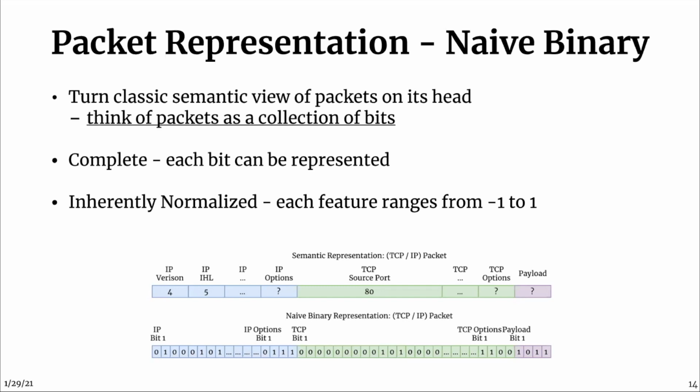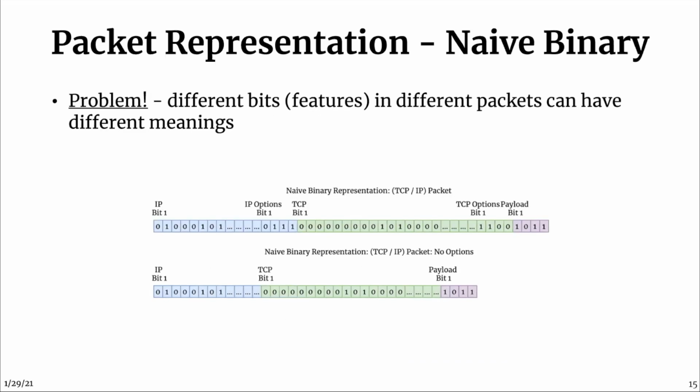Each bit can be represented as itself. We also get a bonus guarantee: when we consider every packet as a bit string, it's inherently normalized. Each feature naturally ranges from -1 to 1, really 0 to 1, because we're using the bits themselves rather than a semantic encoding of those bits to represent to the classifier.